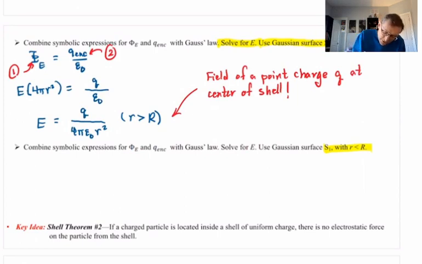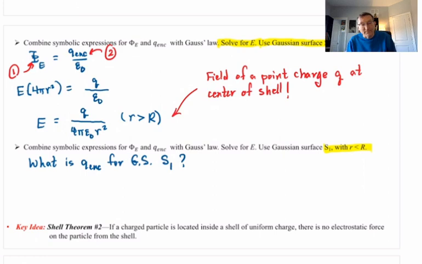That's my question to you. What is Q enclosed for Gaussian surface S1? Again, picture where the Gaussian surface is and where the shell is.